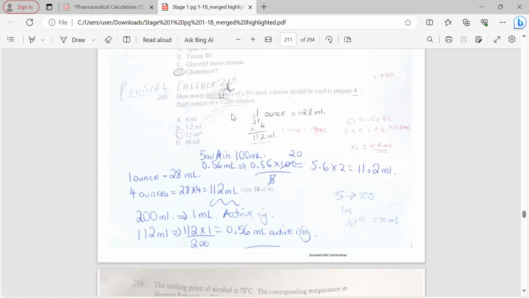Wait, repeat again. So first, we converted the 4 ounces to ml, where 1 ounce is 30 ml. So you get 120 milliliters. We want to prepare 4 ounces of a 1 to 200 solution. So 1 ml is in 200 ml, what of 120 ml? Then you get 0.6 ml.